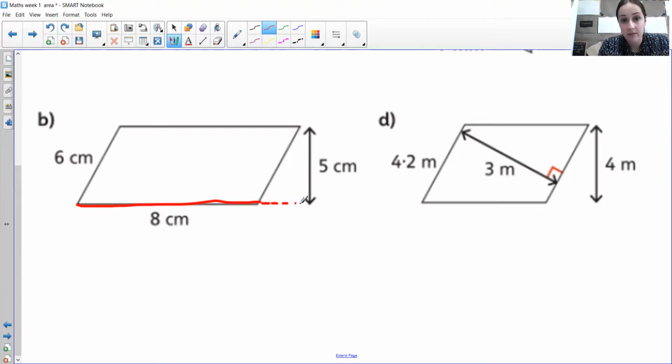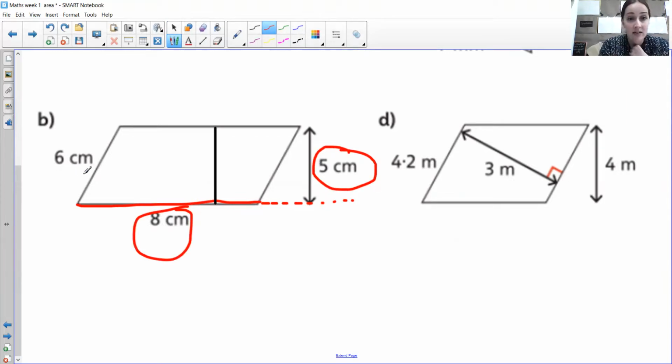Well, if we took this 5 centimetre line and moved it, hopefully you can see that this 5 centimetres and this one are the 2 that meet at that 90 degree right angle. Whereas the 6 centimetres meets it at an angle. So that's not the measurement that we're looking for. That's measuring the diagonal. You don't want that. So we would do 8 times 5, which is 40 centimetres squared.